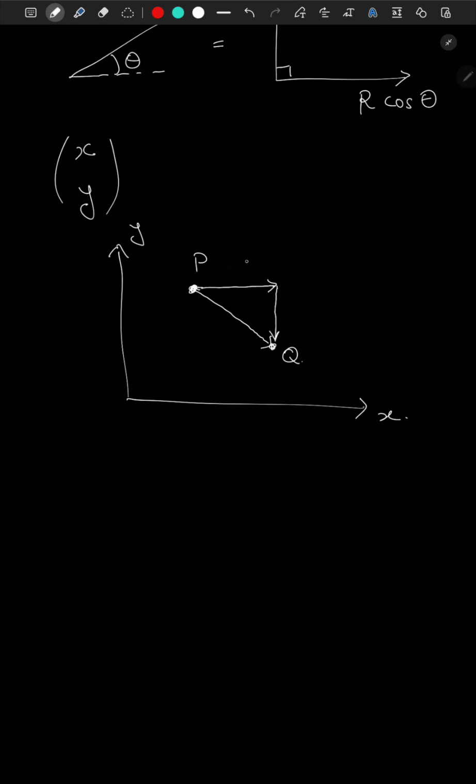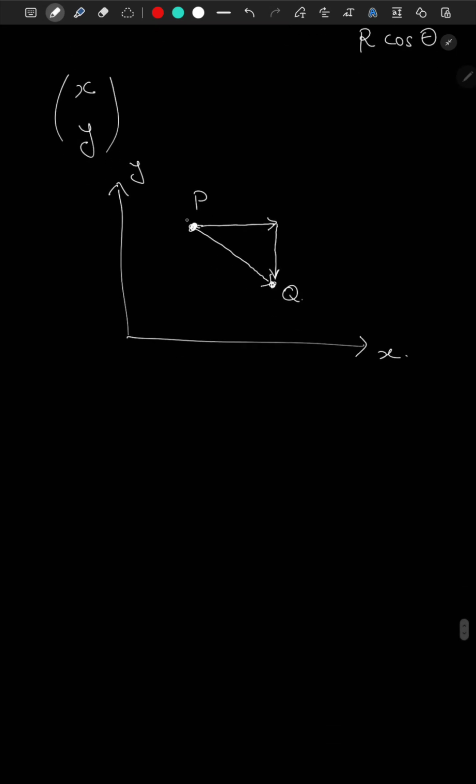Okay, so let's suppose this is 2 kilometers. So the boat would travel over here root of 2, and over here root of 2, and then will reach its destination at Q.